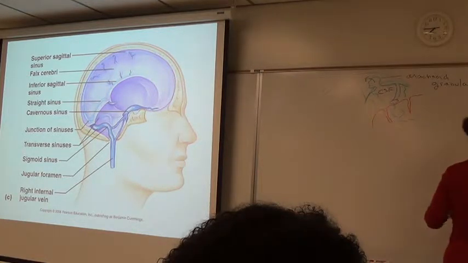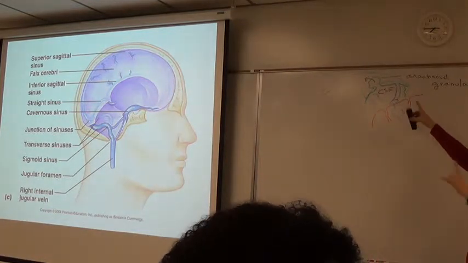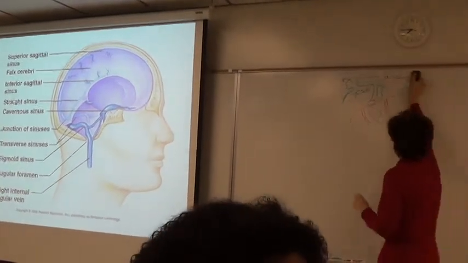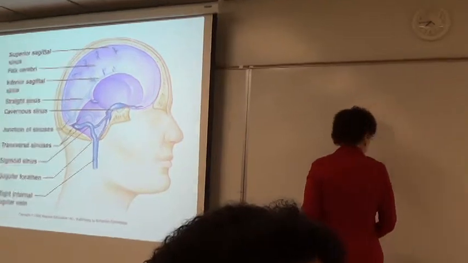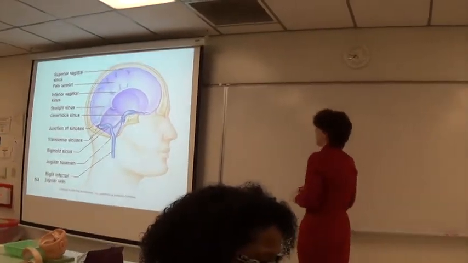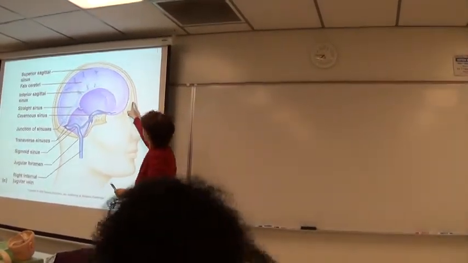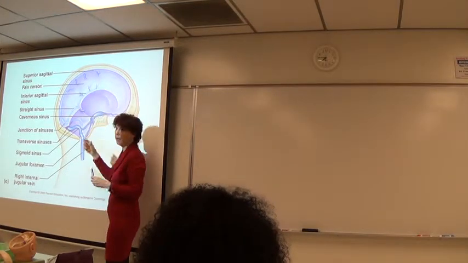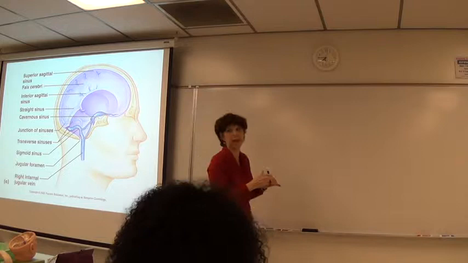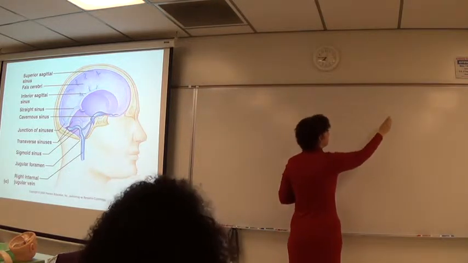So if you want this diagram, it's in your textbook. All right, so the largest of our sinuses is at the top portion, and it follows the top of the falx cerebri right over the longitudinal fissure.